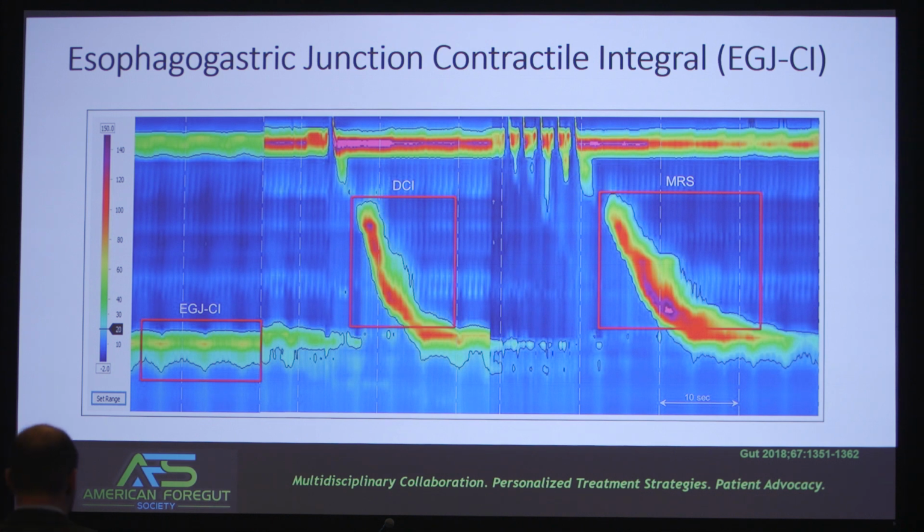But there are some newer concepts coming with high-resolution manometry. One of them is esophagogastric junction contractile integrity, where they use the EGJ-CI software and put it on the sphincter, and through the inspiratory cycle they measure the sphincter pressure.